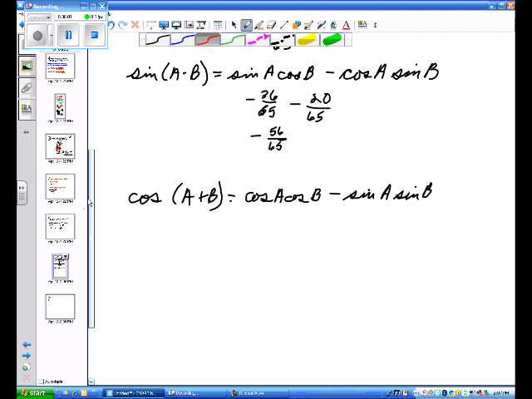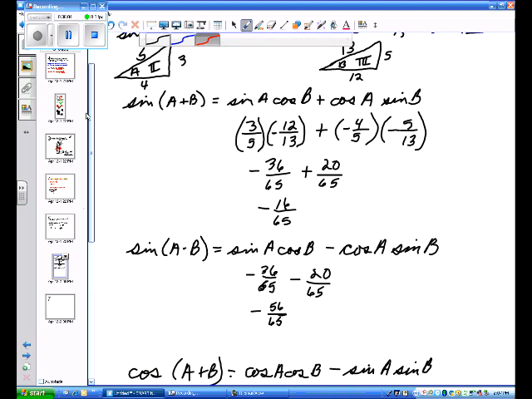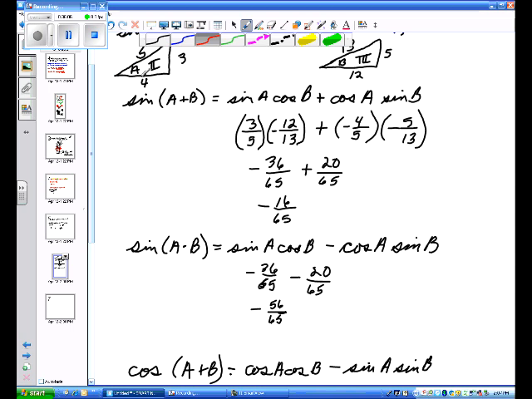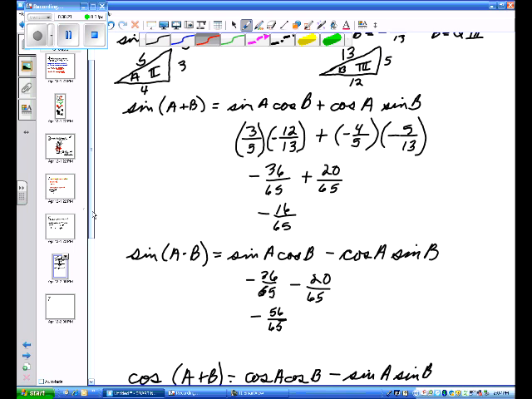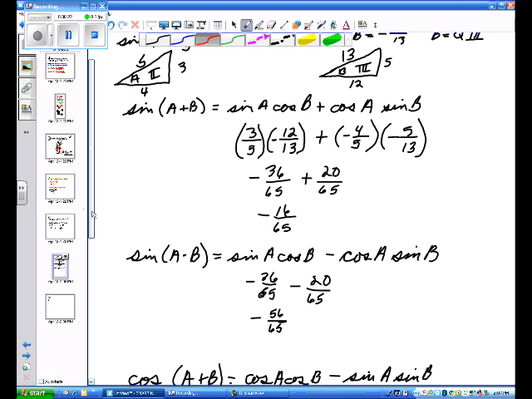Well, the cosine of a, now we're using those same little triangles. So the cosine of a is 4/5. We're in quadrant 2, so it's negative. The cosine of b would be 12/13.